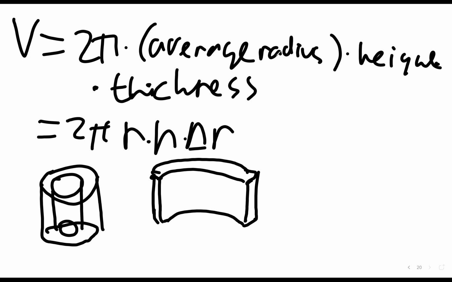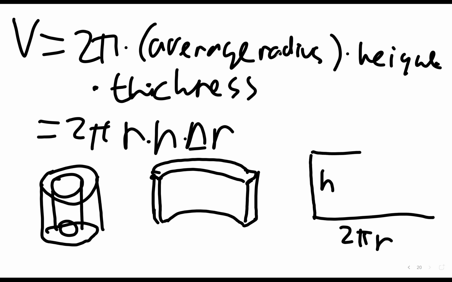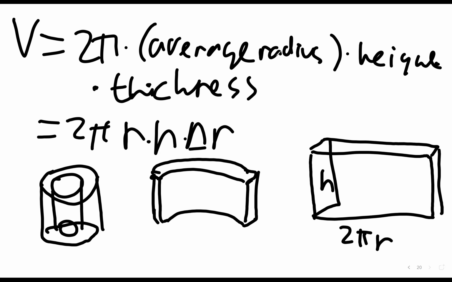The dimensions of the box: its length will be the perimeter of the circle, namely 2 pi r, the width is just the height of the cylinder, and the thickness is just delta r.